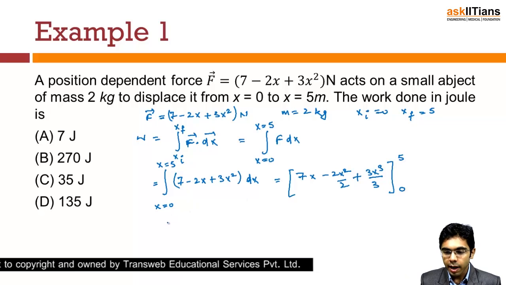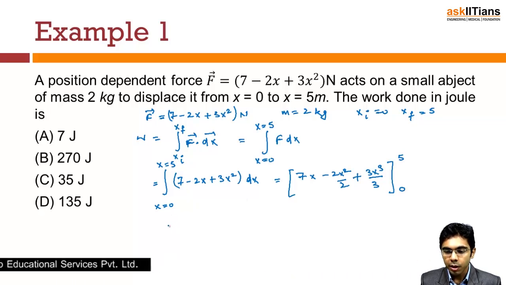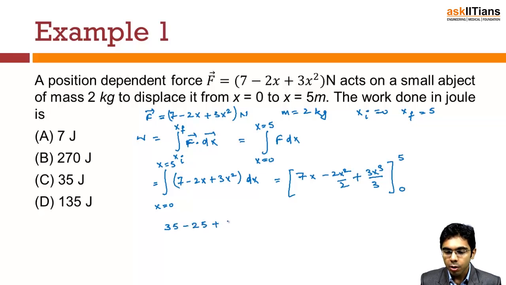After substituting the limits, we get 7 into 5, that is 35, minus 25 plus 125. This is the total work done, and it comes out to be 135 joules. So option D is correct.